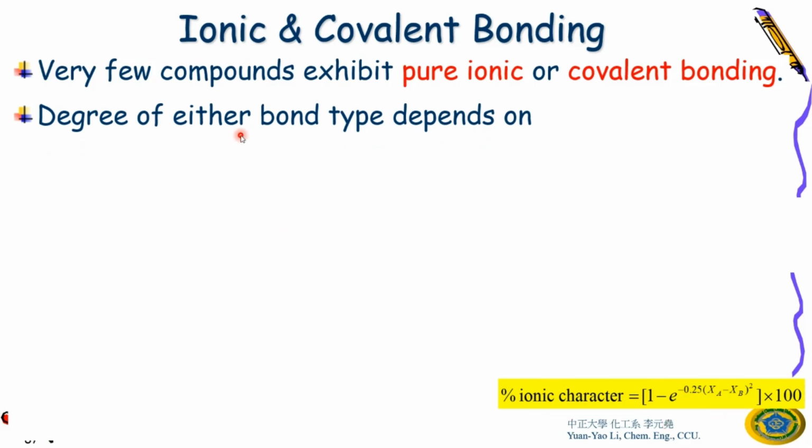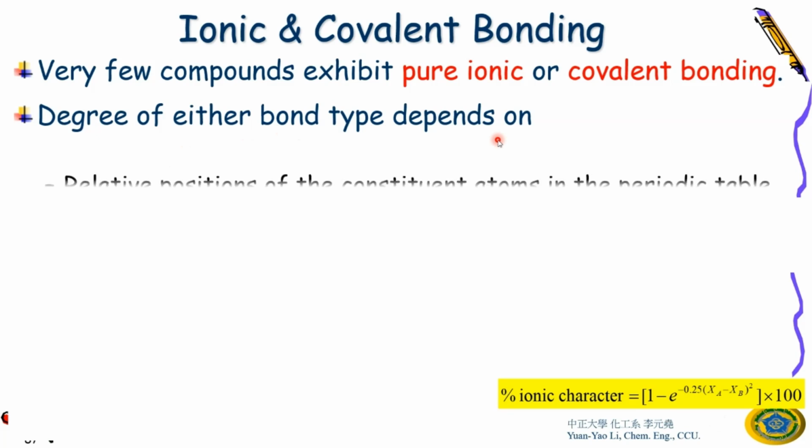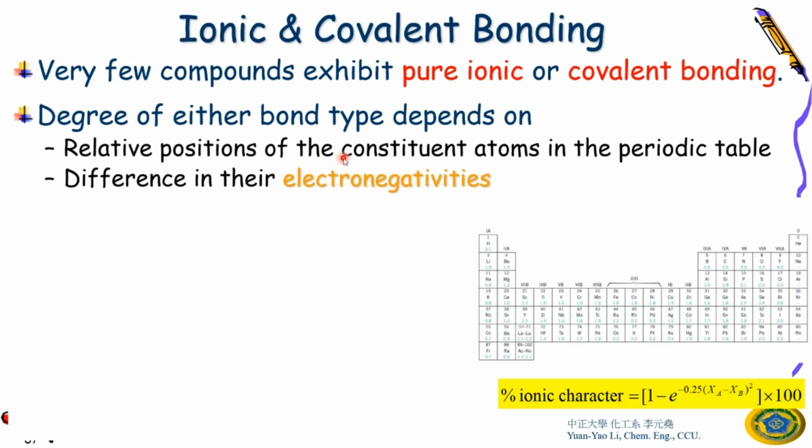The degree of either bond type depends on what? It depends on the relative positions of the constituent atoms in the periodic table, because they have differences in their electronegativity. Electronegativity lets you identify the ionic character of the molecule.